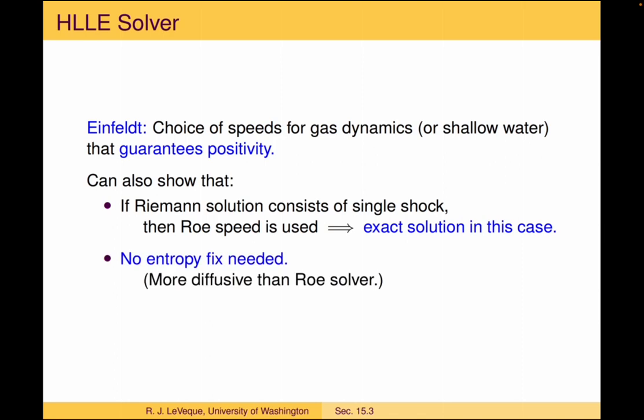Also, no entropy fix is needed if you do it this way. By forcing the wave speeds to be large enough, you put in enough numerical diffusion that you don't need to worry about adding an entropy fix, at least for these particular examples. Whereas with a Roe solver, a transonic rarefaction wave can easily be approximated by a discontinuity that's moving at speed close to zero and does not spread things out nearly enough.